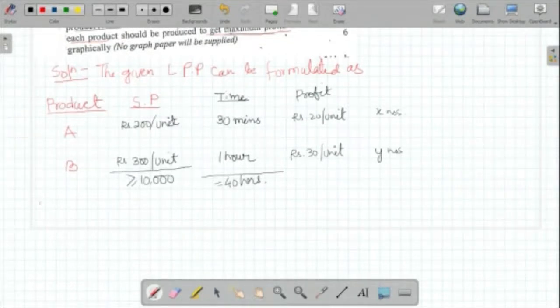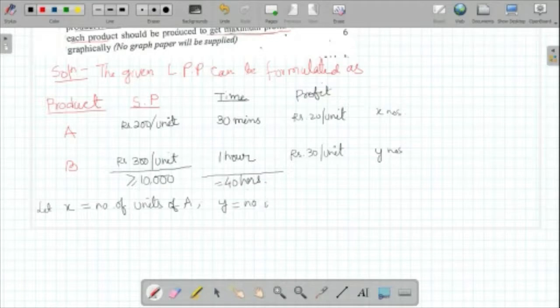Let X equal the number of units of A, and what is Y?